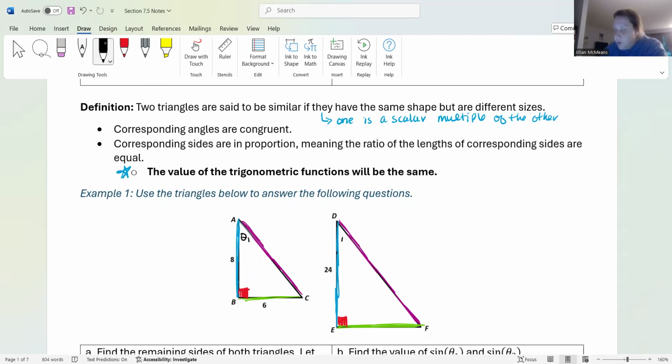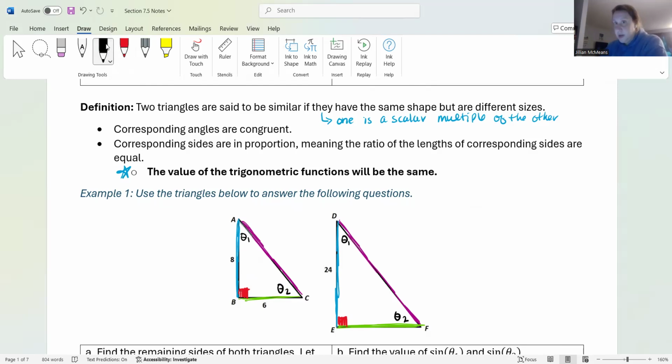And let's do that for both triangles, okay? Corresponding locations. So they're corresponding angles. It means they're in the same location from one triangle to the next. And then let's call the other bottom angle theta 2. Okay, that's going to be important in just a minute. We're going to answer a couple of questions about these triangles, and we need to know where the theta 1 and the theta 2s are.